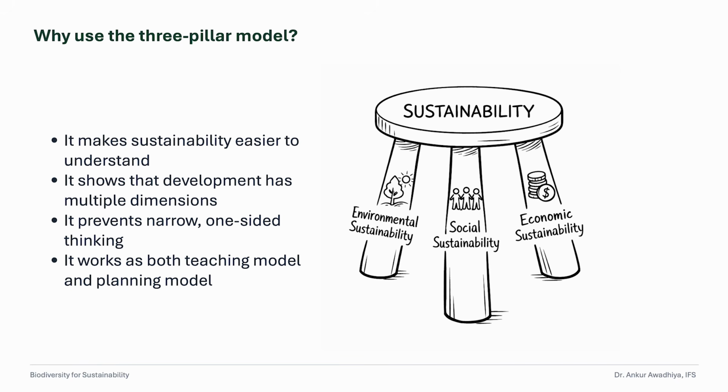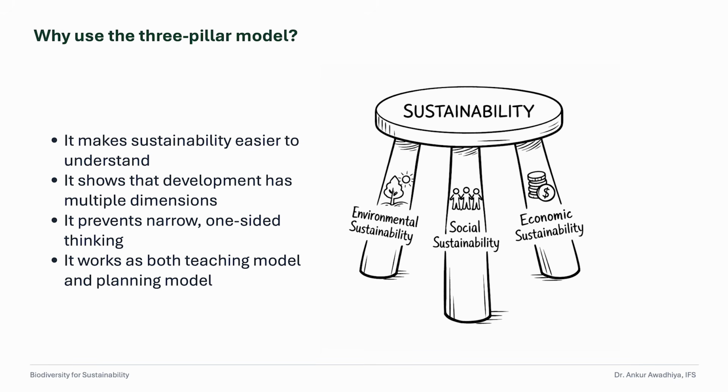To build on that idea, we use the three-pillar model because it makes sustainability easier to understand. The image on this slide is useful because it shows sustainability like a structure standing on three supports. If any of these supports weakens, the whole structure becomes unstable.